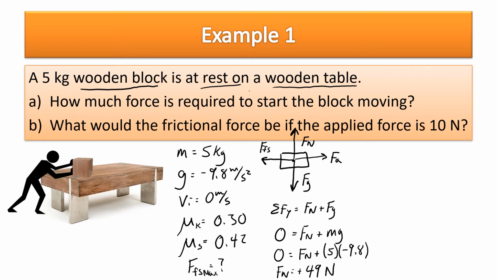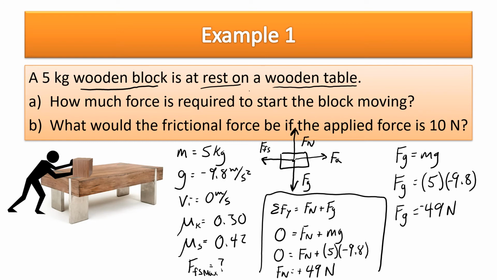And again, instead of writing a net force equation like this, you could just on the side go like this. And then by looking at your free body diagram, you can just say, okay, sweet, the normal force is equal to positive 49 newtons. Either way is fine.